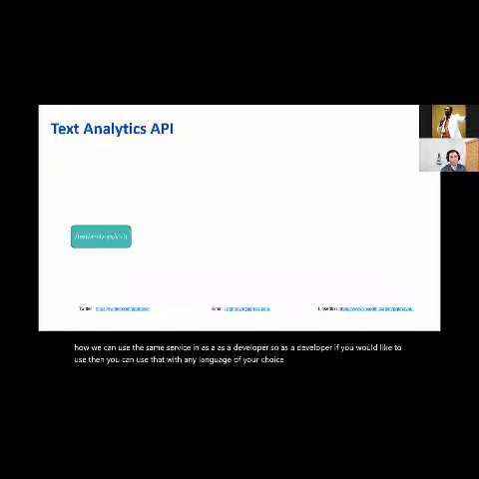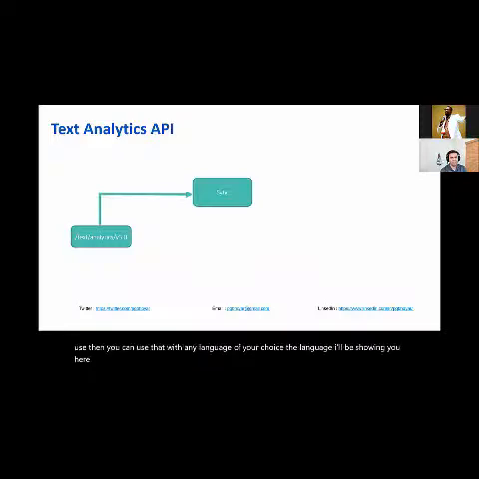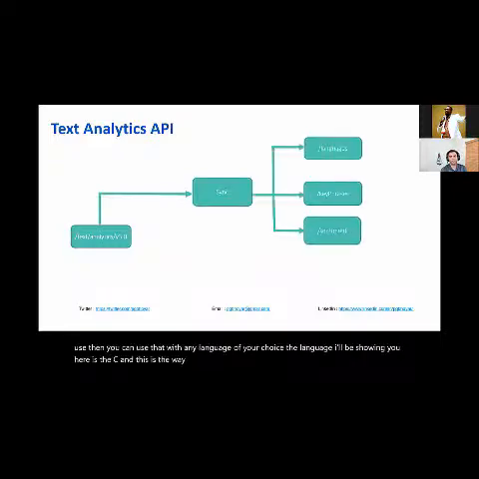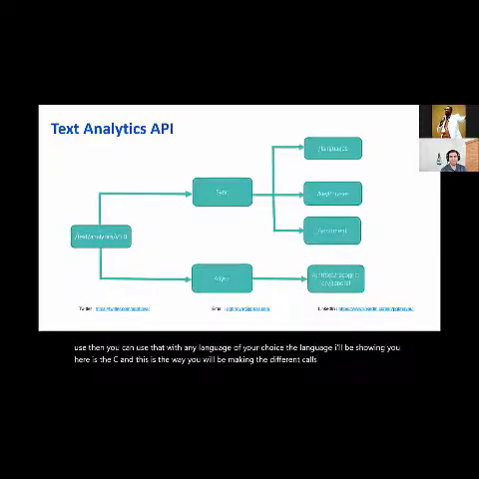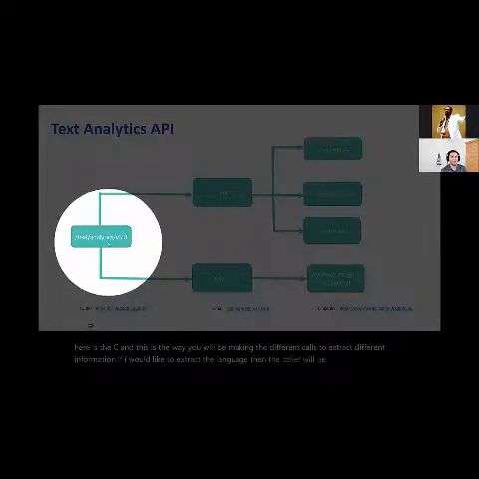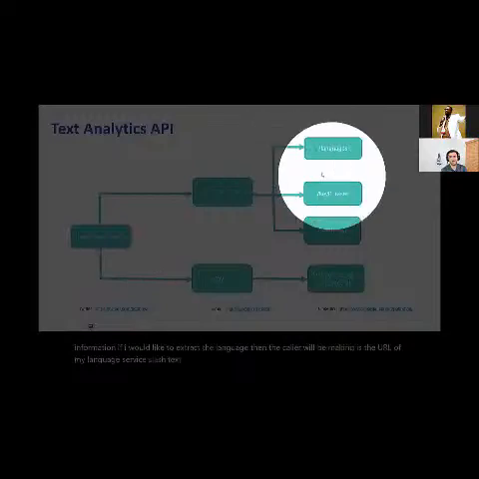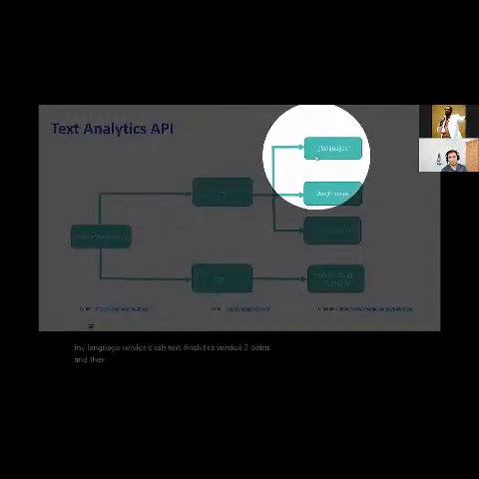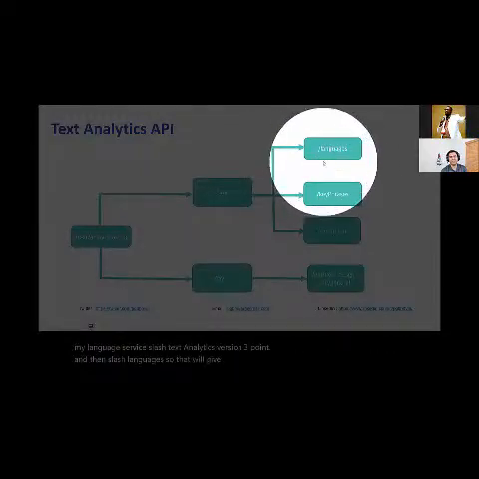The language I'll be showing you here is C#. And this is the way you will be making the different calls to extract different information. If I would like to extract the language, then the call I will be making is the URL of my language service /text/analytics version 3.0 and then /languages. That will give me the language the text is written in.